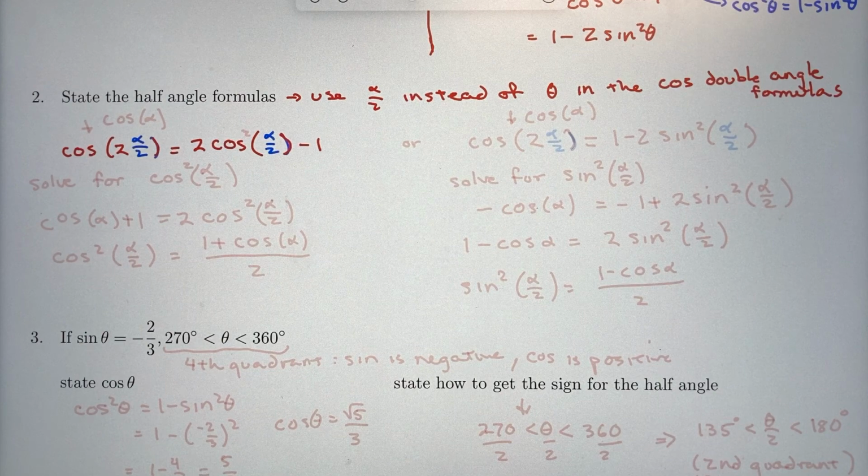Okay, so I'm going to solve for cosine of alpha over 2. And notice the left-hand side is cosine of alpha. So add 1 to both sides. Put in the squared sign when I get to it. Oops.